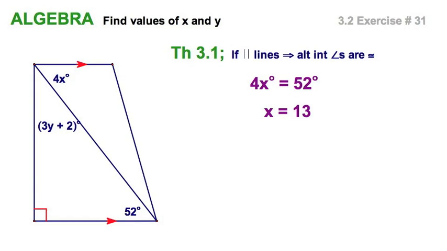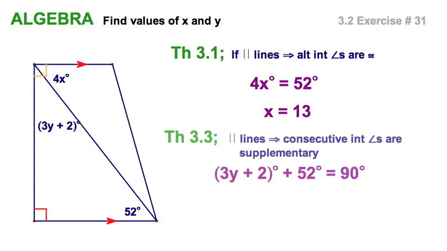That was pretty easy. Now, using this transversal and the fact we've got a right angle down here, we know that the other angle must also be a right angle. Consecutive interior angles are supplementary, so that means that these two have to add up to 90 degrees. Now I've already substituted, or I can replace the 4x with, well, with what?